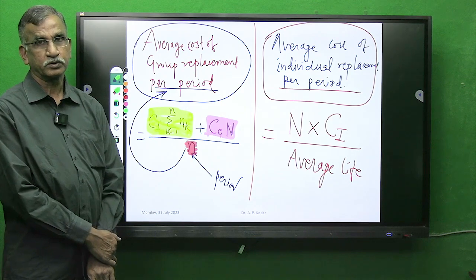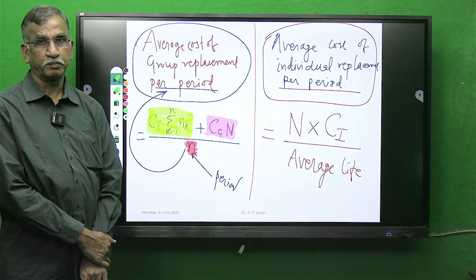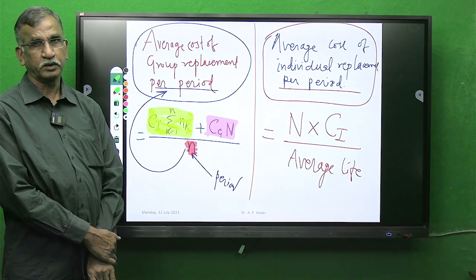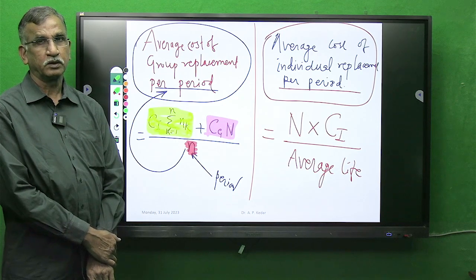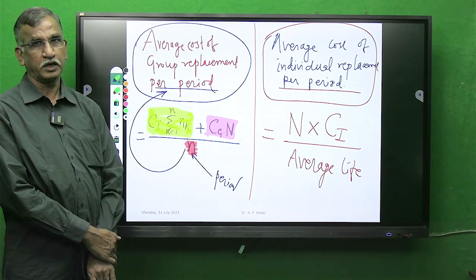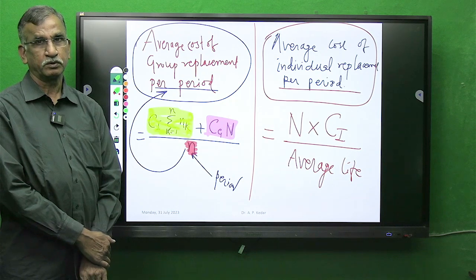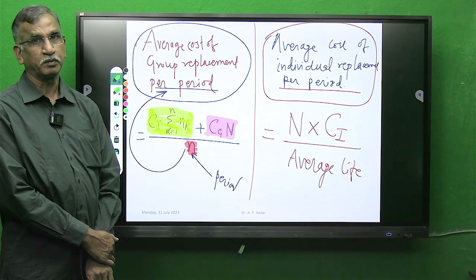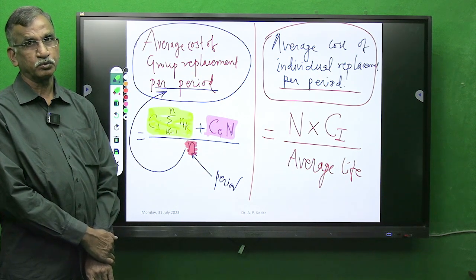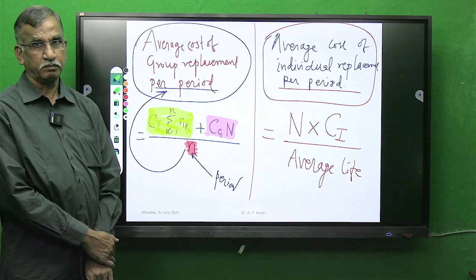Again, I have not written here whether per period means month or week. It is as per the situation given in the numerical. If data is pertaining to weeks, we will write per week. If data pertains to months, we will write per month.